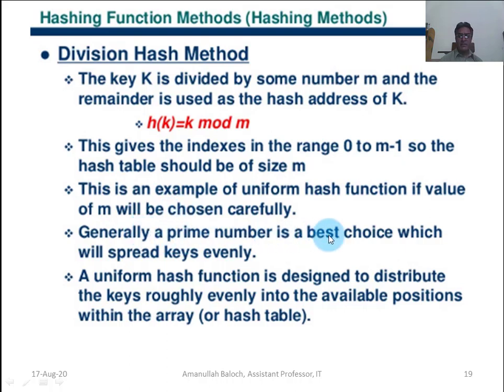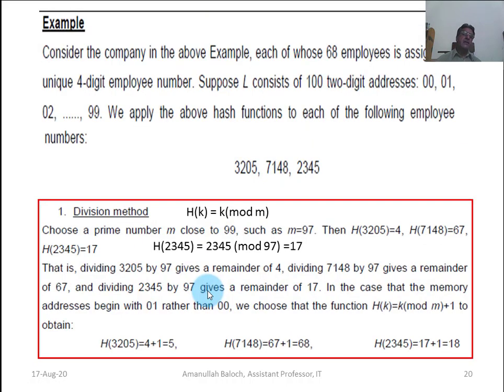Generally, a prime number is the best choice, which will spread keys evenly, which we have already discussed. A uniform hash function is designed to distribute the keys roughly evenly into available positions within the hash table. Such a hash function is called a uniform hash function.